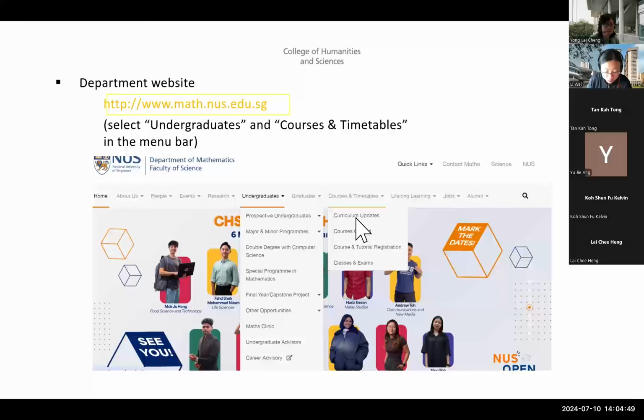The curriculum updates contains updates to the curriculum, to the various programs that we have, and also some of the courses we offer. Because from time to time, the department decides to change the curriculum or certain courses because of the development of other areas or because of the change of the requirement of the university.